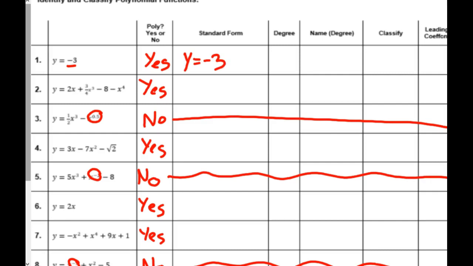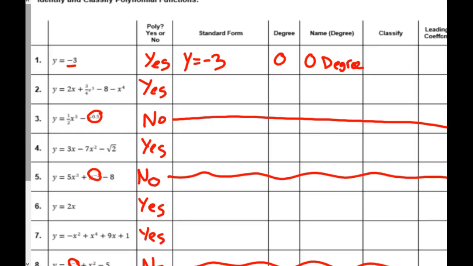Now, think with me carefully. If there is no x, what is the power of that? 0. If your x is missing, that's a 0 power x. So this is the degree 0. Okay? 0 degree. If 0 is your only power, that's your highest power. 0. Okay?